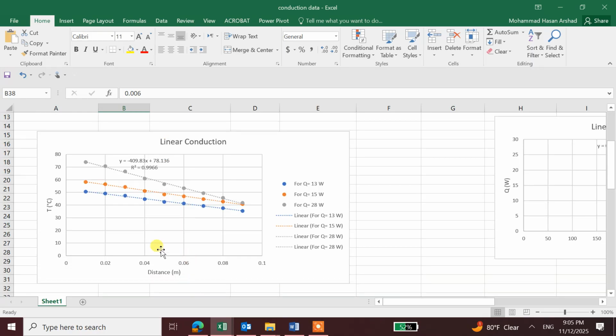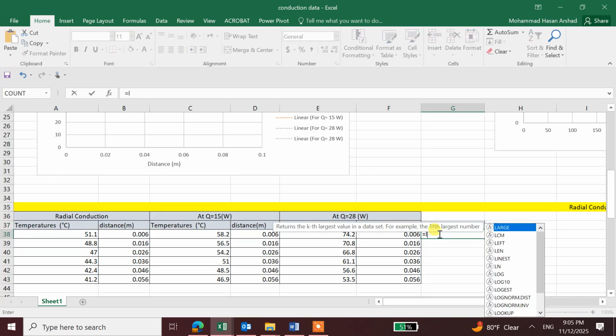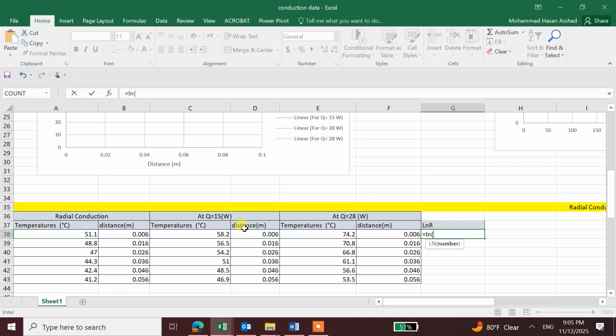So in that case, ln r, find, like for example this one, ln r. So that's basically ln r.